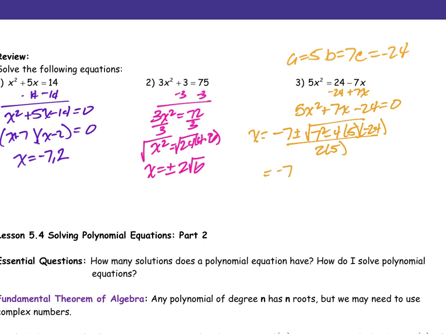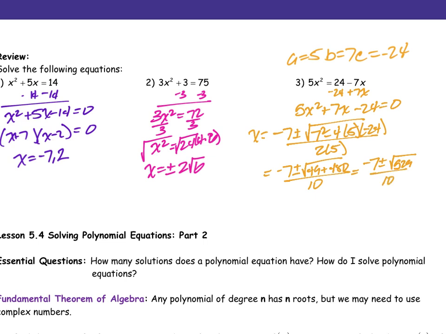It's going to equal negative 7 plus or minus the square root of 49 plus 480, all divided by 10, which equals negative 7 plus or minus the square root of 529, all divided by 10.